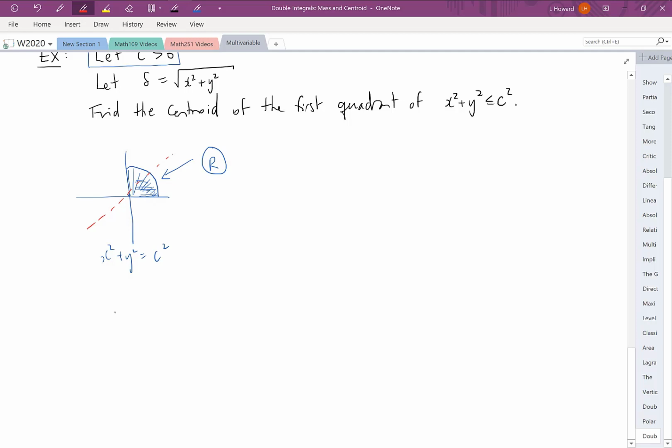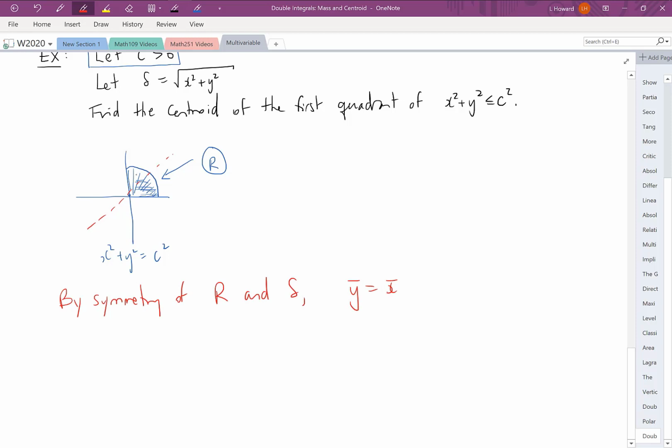If we swap x and y, so just replace every x with a y and replace every y with an x, we would get square root of y squared plus x squared, which is equal to delta. Okay, so we could say that delta has the correct type of symmetry, and I'm going to record that just by saying by symmetry of R and delta, we can conclude that y bar equals x bar.